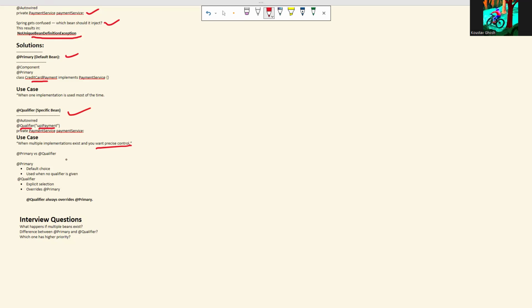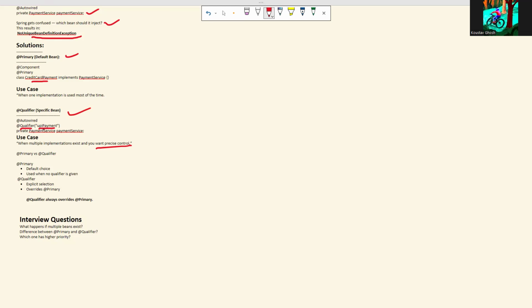So qualifier selects the exact bean through the name, as it suggests: qualifier. To qualify in any examination, you do it through some names or some numbers, right?